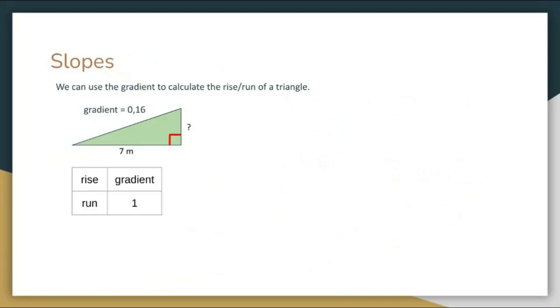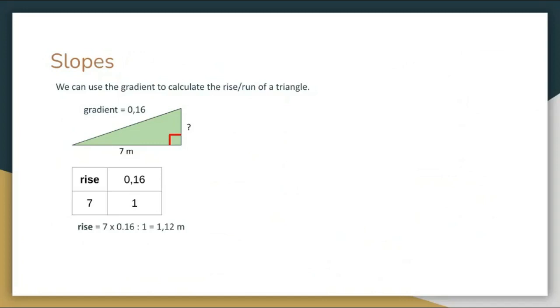We do this to make it easier to calculate, so don't be stubborn and do something else. Just like a normal ratio table, we fill in the things we know and highlight the variable we want to know. And then it's cross multiplication time. 7 times 0.16 divided by 1, which gives us 1.12 meters.